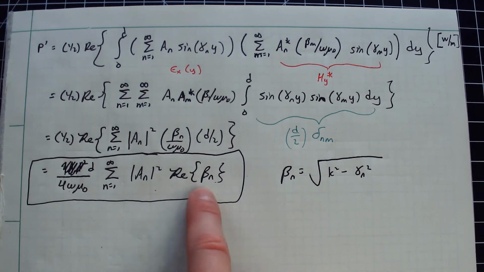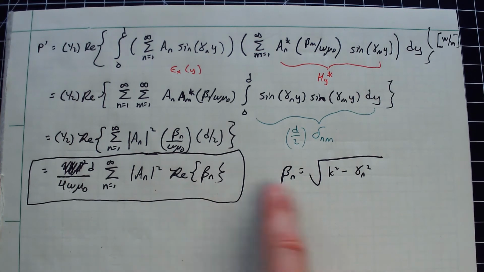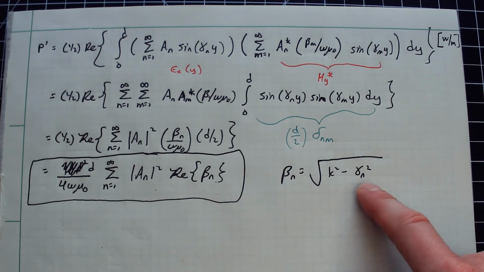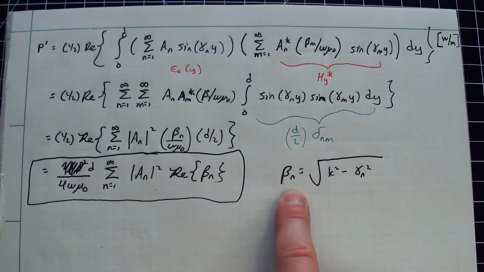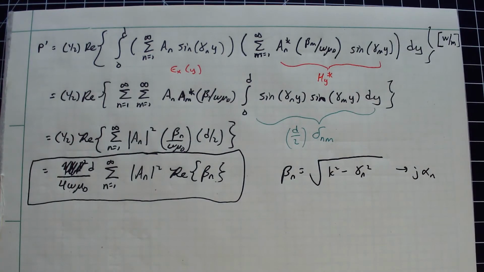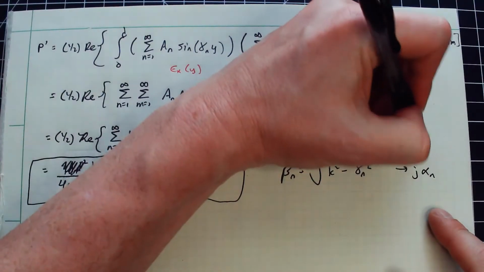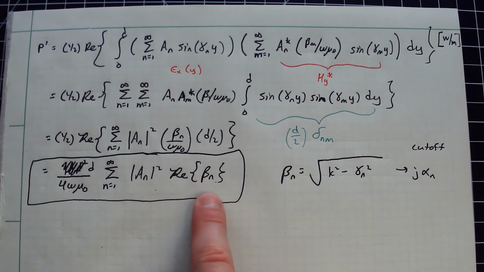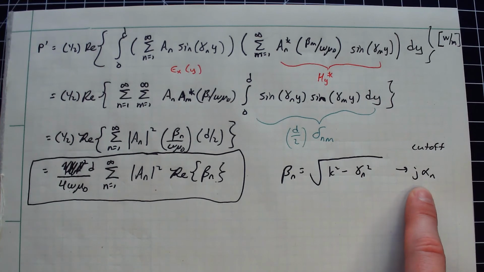And that real parameter becomes kind of redundant. But eventually this gamma gets really, really high for the high order modes, and this whole expression suddenly becomes imaginary, and you get something like j alpha sub n. So these are the cutoff modes, right? And in that situation, this real part of beta suddenly becomes 0.